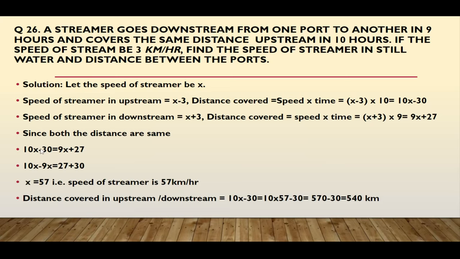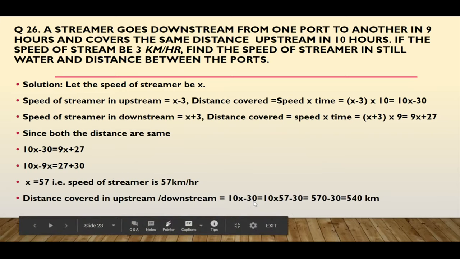Why? Because both the distances are the same. So it is easier to find it by this because we need to multiply it with 10. So it will be 10x minus 30, with the value of x found as 57. So it will be 10 into 57 minus 30. 570 minus 30, which makes it 540 kilometer.